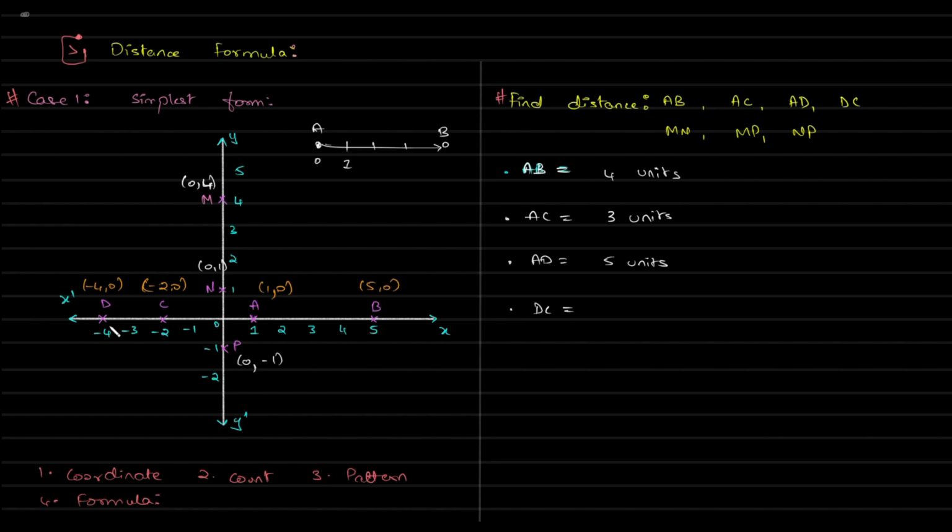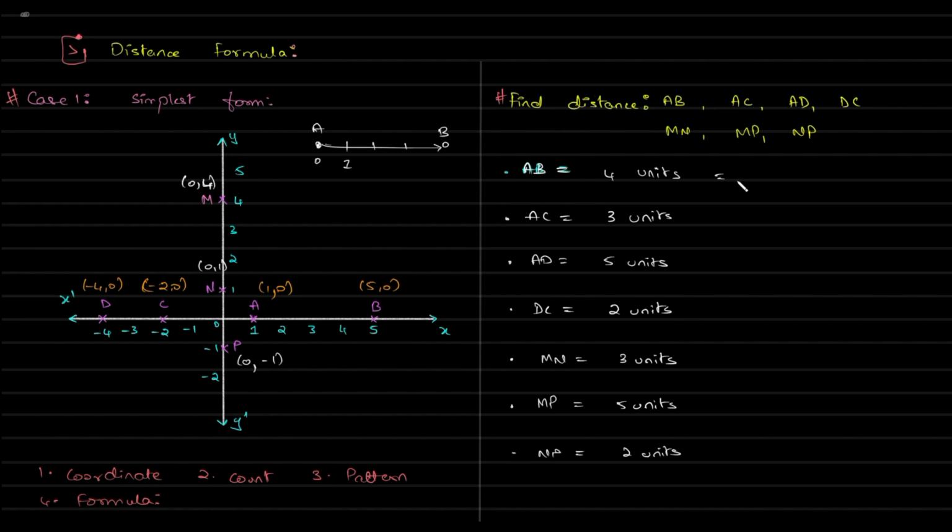DC, 1, 2, 2 units. MN, 1, 2, 3 units. MP, 1, 2, 3, 4, 5 units. NP, 1, 2, 2 units.